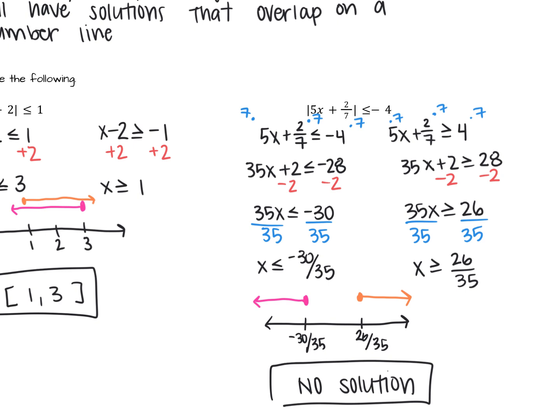So it's no solution because an absolute value is never less than a negative number. You're never going to evaluate an absolute value and get something that's less than a negative number.